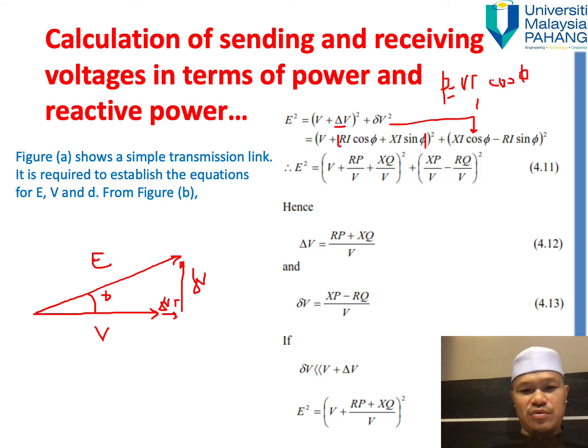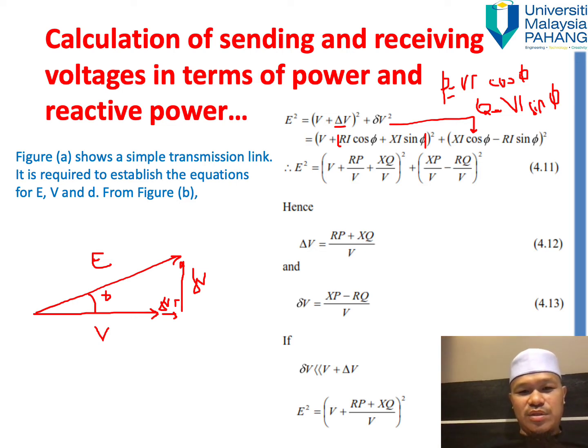Similarly for Q. Sorry, I don't have any tools. Q is VI sin phi, right? So I sin phi equals Q over V. That's why you get RP over V plus XQ over V. This one is just the original equation.